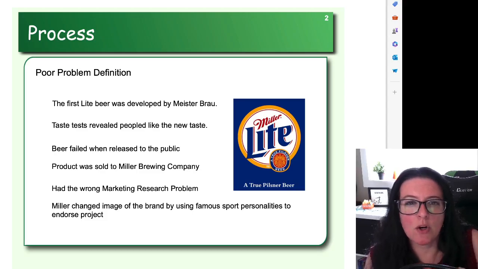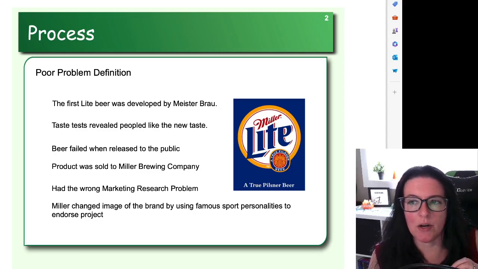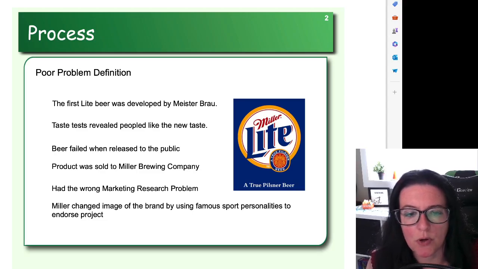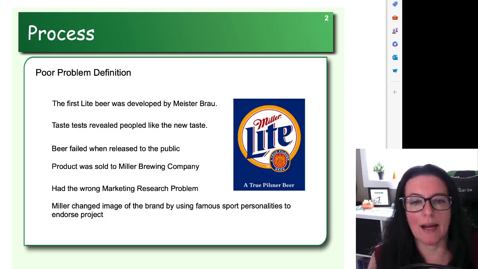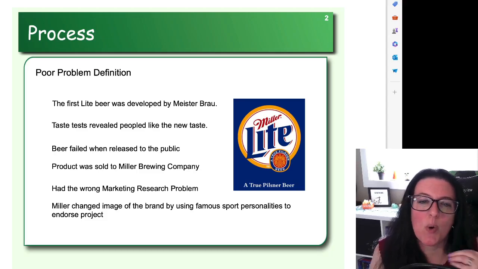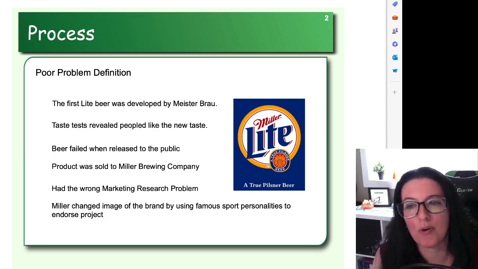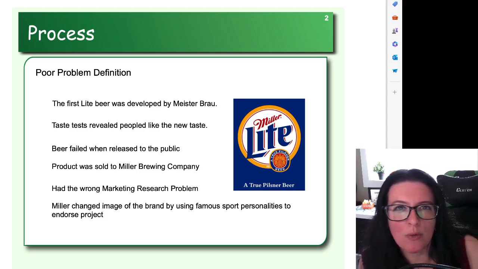Now, when Miller Lite took on the product and was going to sell light beer, the key here is how do we appeal to people so that they are willing to buy a lighter beer? So if people deep down like the taste and want a healthier product, then how do we sell and promote that?